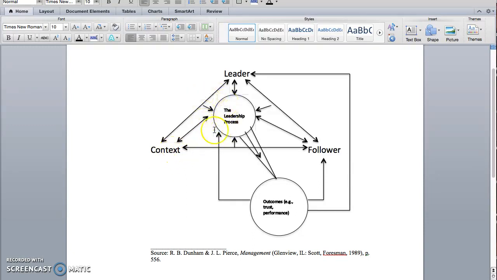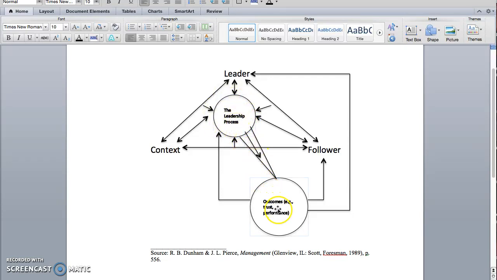And then 4 is the ways that influence happens. And so, for example, in ALEC 102, one of the things we looked at is interpersonal skills, and that's part of the way influence happens. And some of you identified some key interpersonal skills that were a part of your leadership philosophy.